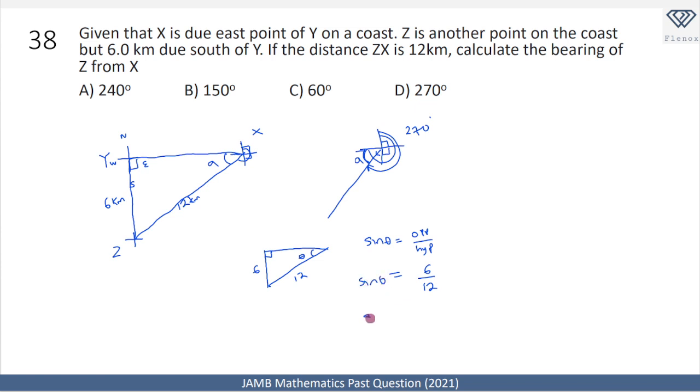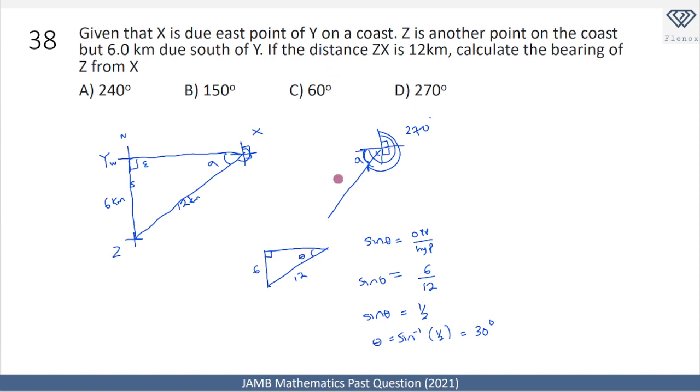So sine theta is 6 over 12, which is half. So theta is the sine inverse of half, or 0.5, and that is equal to 30 degrees. You should know your trigonometry identities: the sine of 30 degrees is half, so the arc sine of half is 30 degrees.